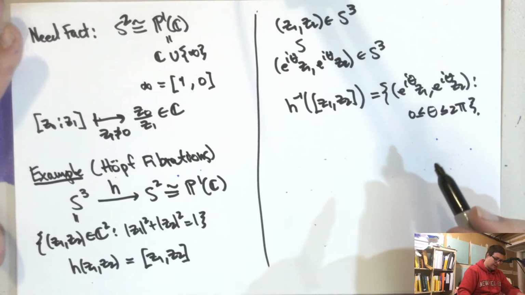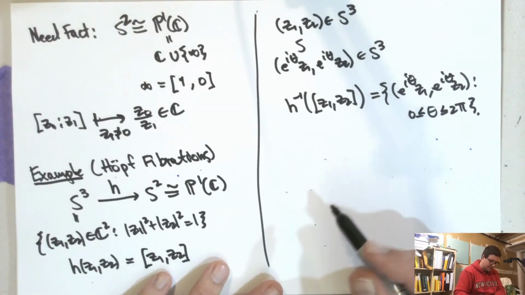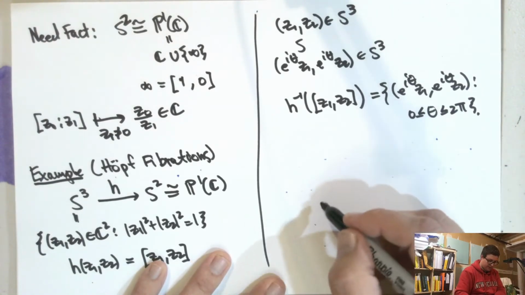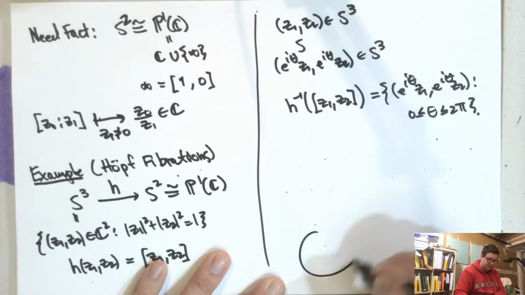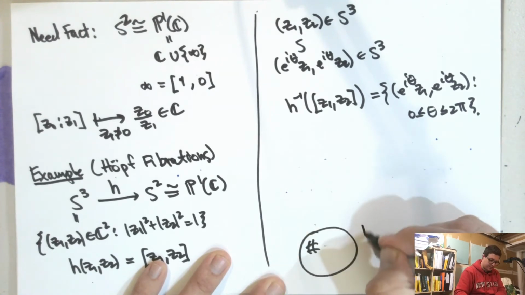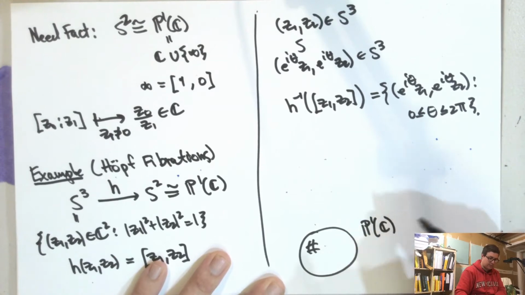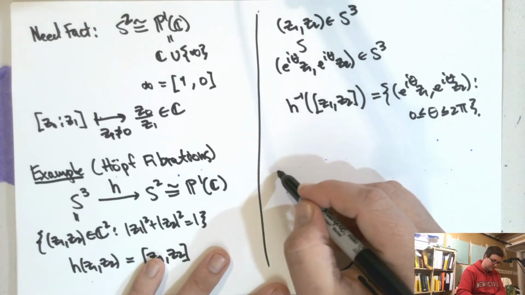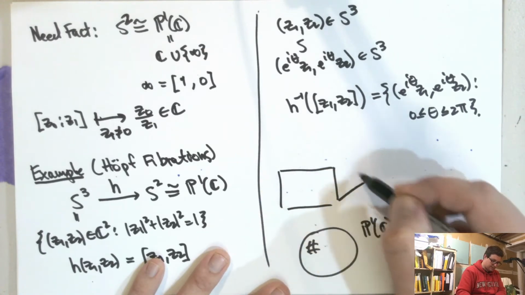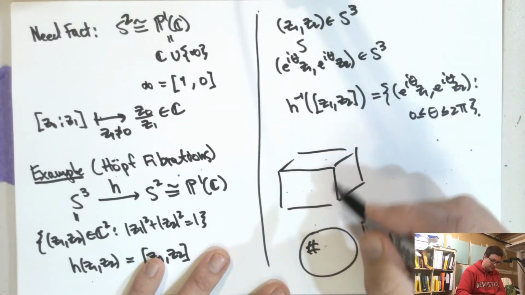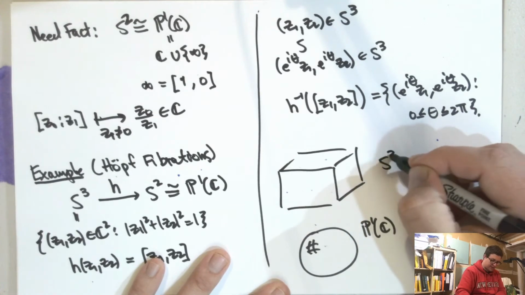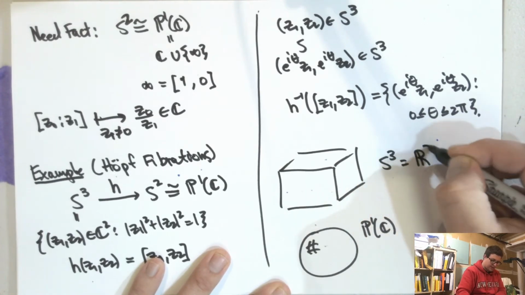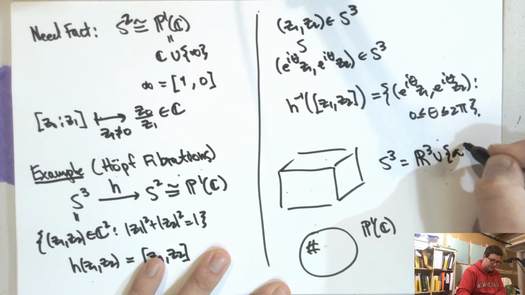So I'll draw it here: P1 of C, which we're viewing as the sphere, and S3, which is really R3 union infinity.